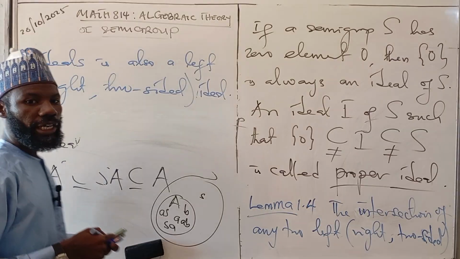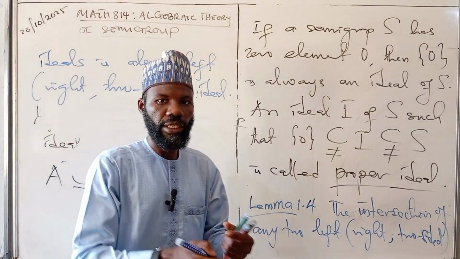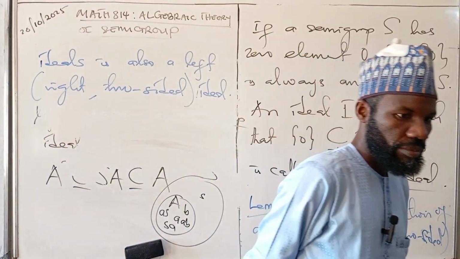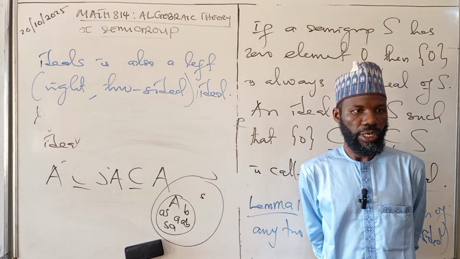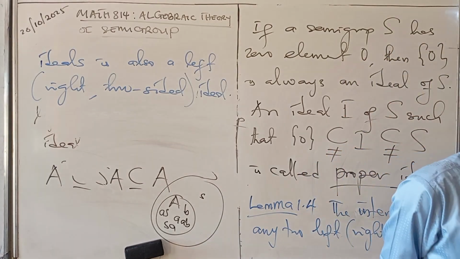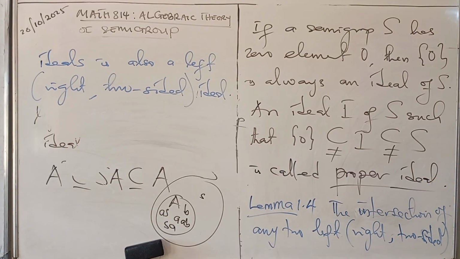If you get two left ideals and intersect, the intersection is also a left ideal. If you take two right ideals and intersect the two, it's also a right ideal. And if you take two-sided ideals, the intersection is also an ideal.